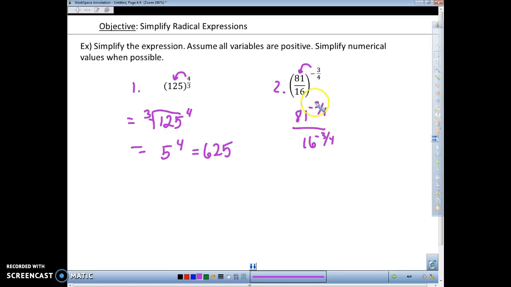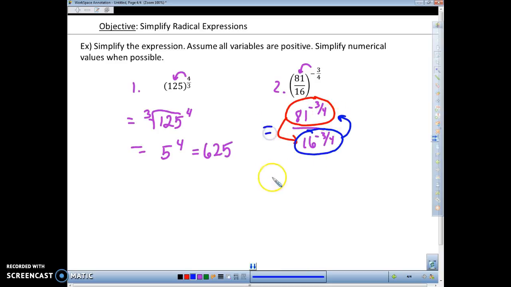Notice that I have negatives on these, so what we end up doing is we just end up flipping. This guy here, the 81 to the negative 3/4, is going to go into the bottom. And the 16 to the negative 3/4 is going to move into the top of the fraction. So kind of the idea is if you have a negative, you're going to move it from the numerator to the denominator, or from the denominator up to the numerator.